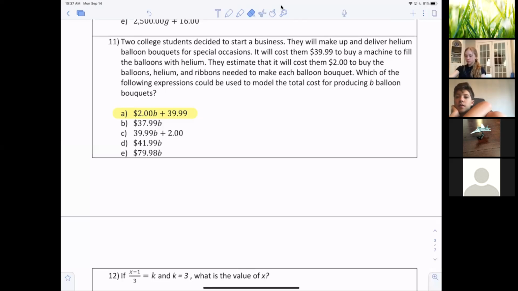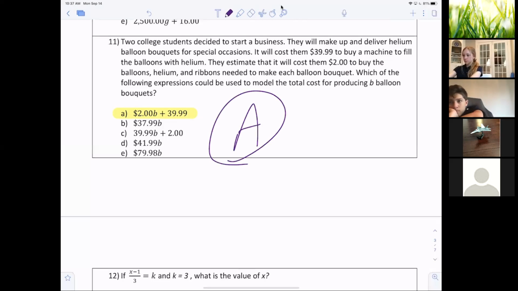Everything else is dependent upon the number of bouquets that you make. It's $2 per bouquet. So if you have A, I feel like you're in pretty good shape as far as the understanding goes.